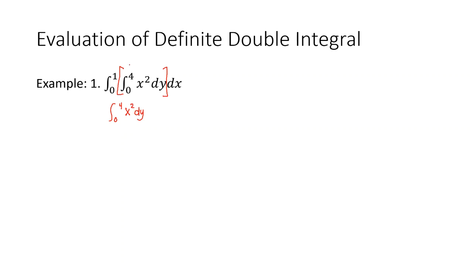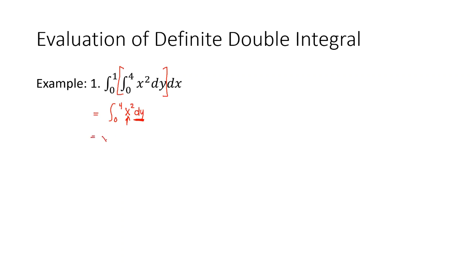What I meant earlier is that if you are integrating with respect to y and your integrand does not include any variable y, meaning to say you have to take this term as constant. Since this is constant, you can take that out.